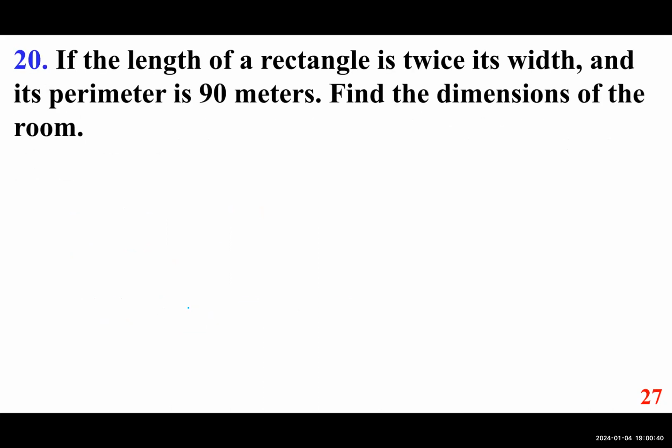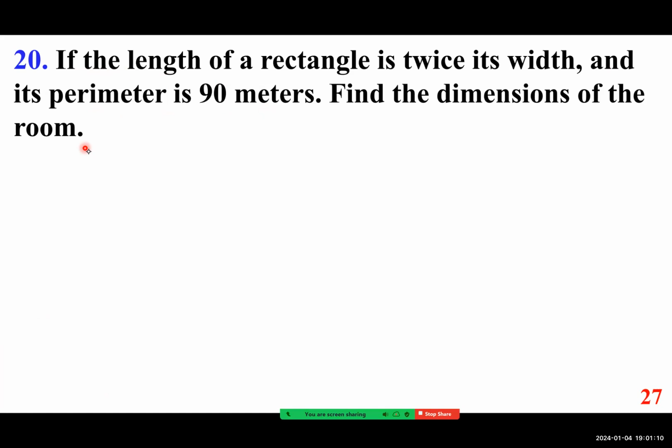All right, so here's the final question we are going to look at here. If the length of a rectangle is twice its width and its perimeter is 90 meters, find the dimensions of the room.